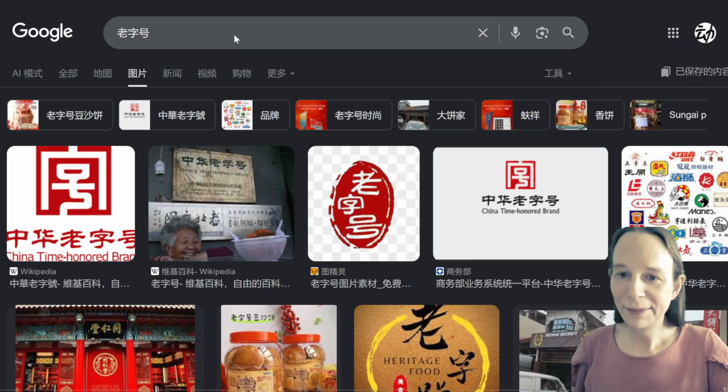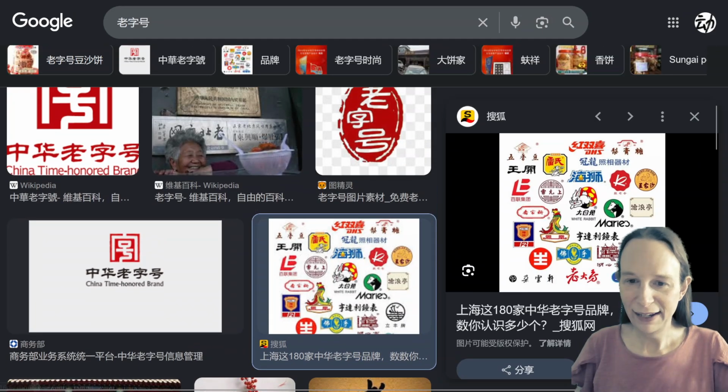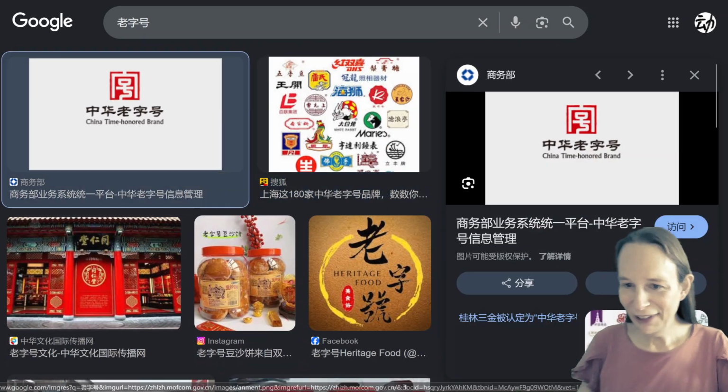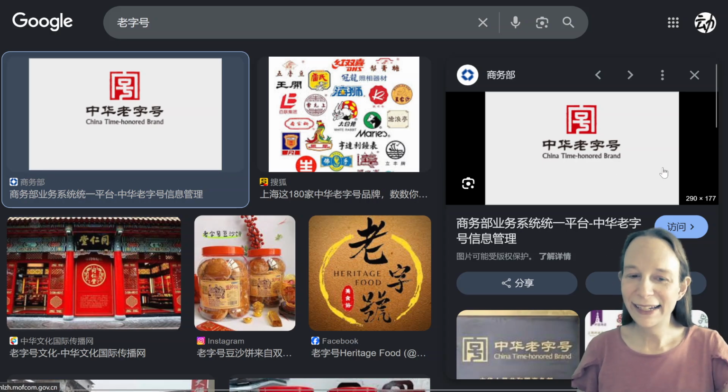It represents some kind of familiar, long-standing brand, but as far as I know, it only refers to ones in China. Do I recognize any of them? Not really. I feel like this is cheating if you call your company 老字号.